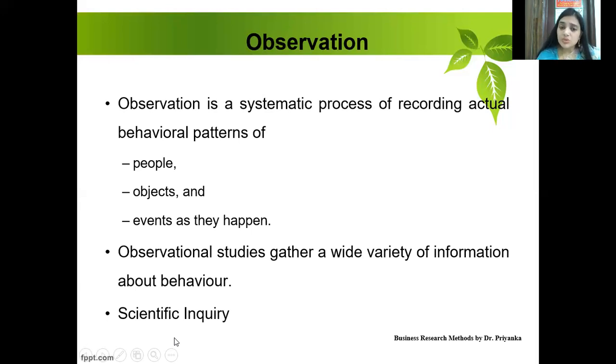But if the source of information is not reliable, you might not use that particular source to fulfill your requirements, right? In the same way, when we talk about scientific inquiry, it should be reliable. So validity and reliability checks are very important in case of observation when we are doing it for a research purpose.